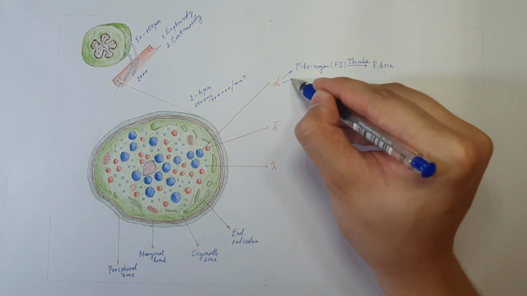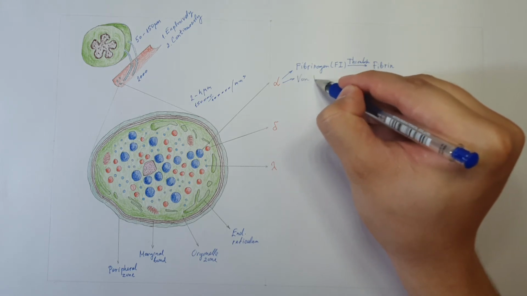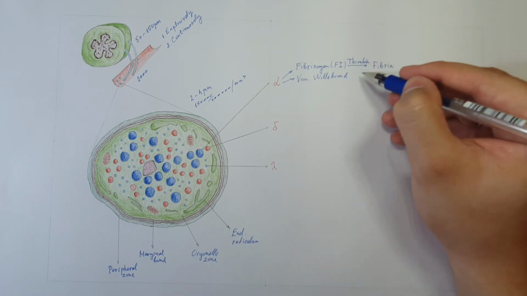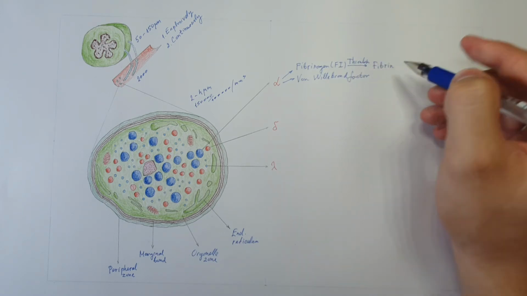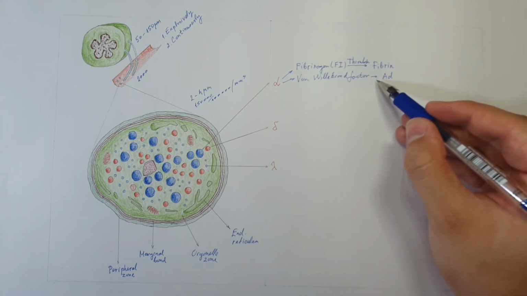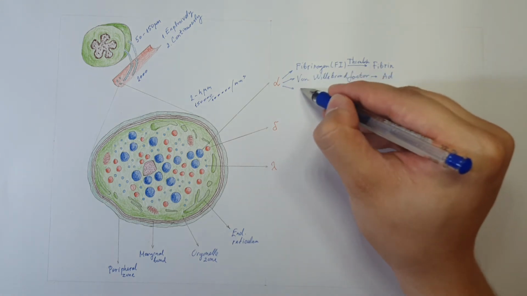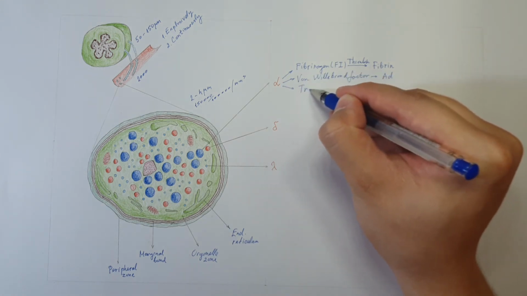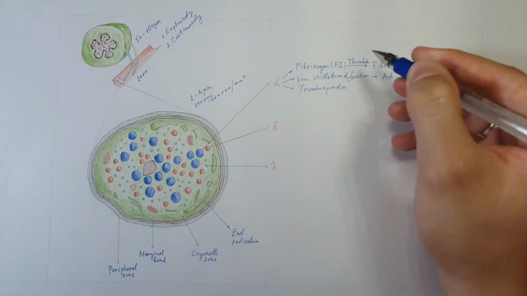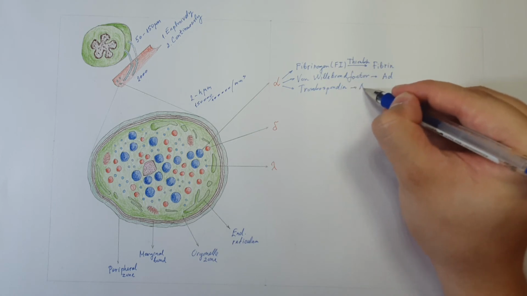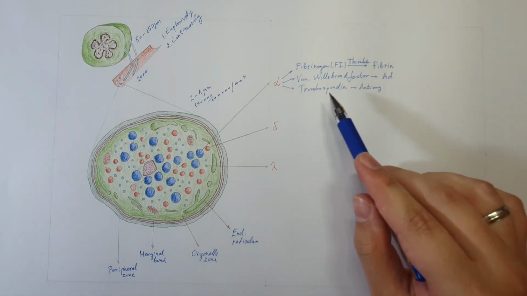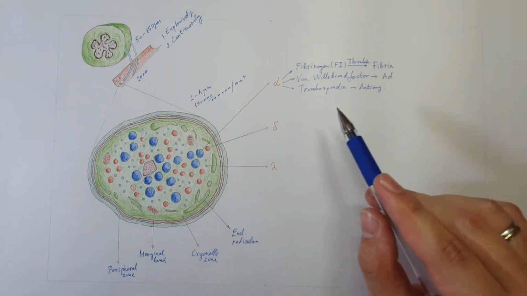Then these granules also have the von Willebrand factor, which is important in adhesion of the thrombocytes. Then also they have thrombospondin, a protein that has anti-angiogenic functions, so it doesn't allow new blood vessels to form.